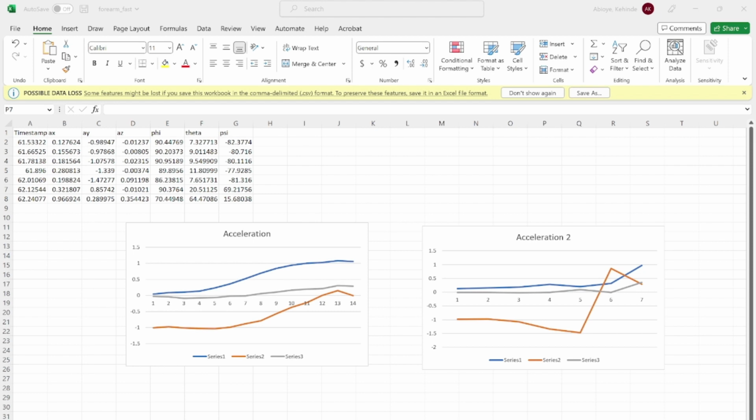I also noticed that towards the end, the acceleration in the x-axis starts to increase, and the y-axis starts to decrease. That's because as the arm is moving up, the acceleration is mostly in the y-axis, and then once it gets towards the top, the acceleration is mostly on the x-axis.